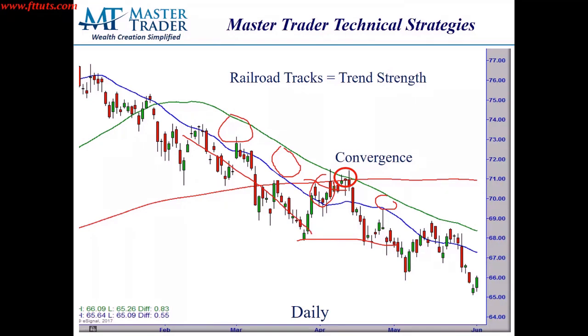Here we have convergence, which means the moving averages came together. They came together because prices moved up here for a period of time, and our 50 and 20 MAs then catch up here with the 200 MA, which is relatively flat, and it's flat because it's averaging in many more prices, so it moves a lot slower.